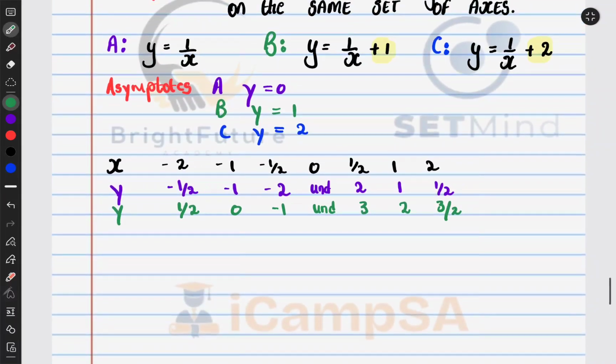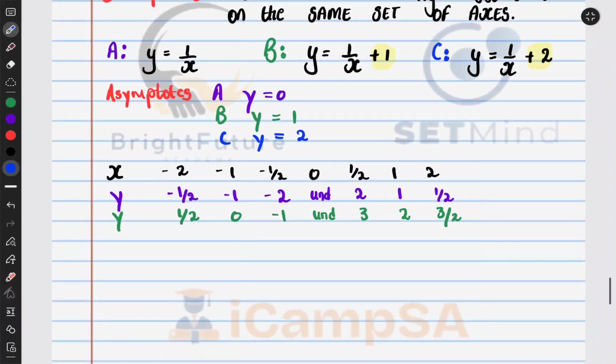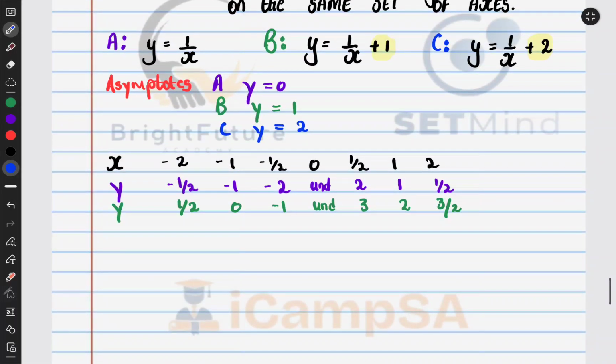We still have the c function, which has been shifted 2 units upwards. We have -half plus 2, which is 3 over 2.